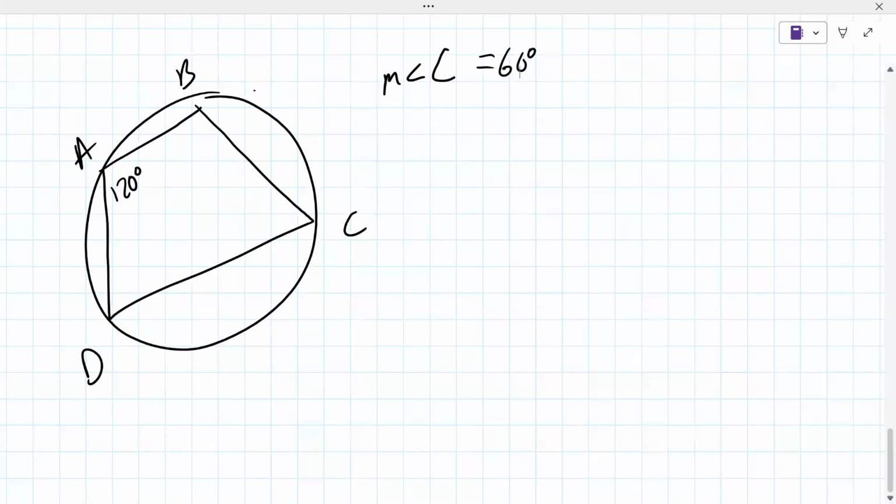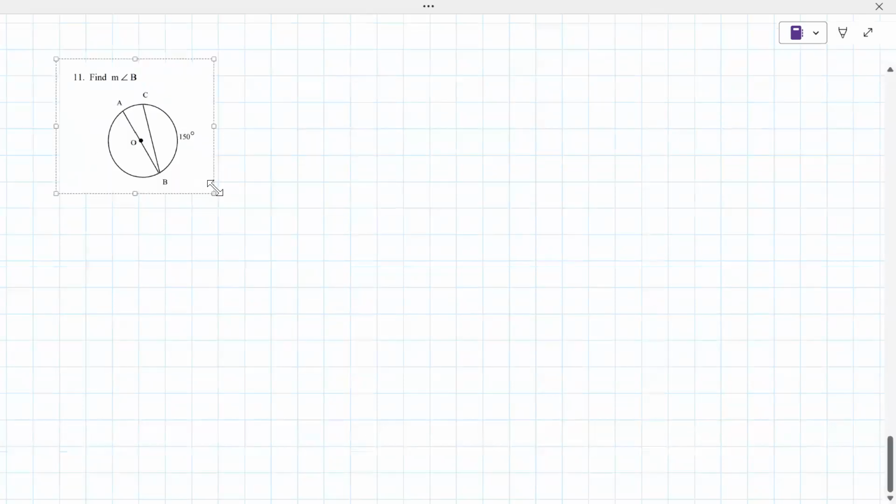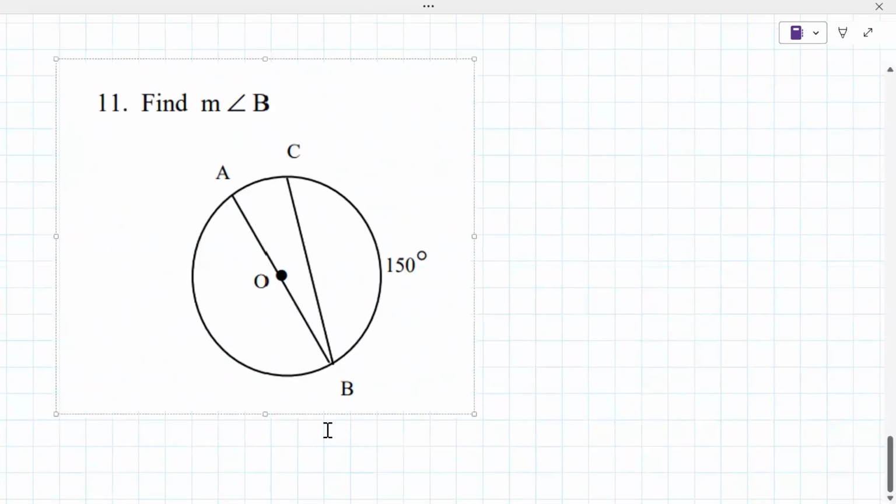Let me give you some more problems to try. Actually, we're going to do an example together first. We want to first find this angle measure from A to C. What do you remember about the arc measure of a half circle?